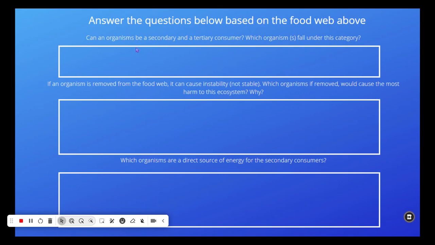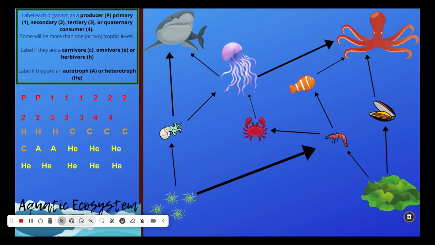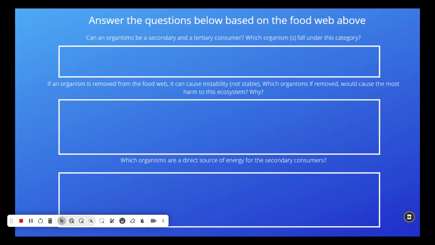Can an organism be a secondary and a tertiary consumer? Which organisms fall under this category? So we're looking for secondary and tertiary consumer. So looking at this, you guys need to be able to identify that, right?